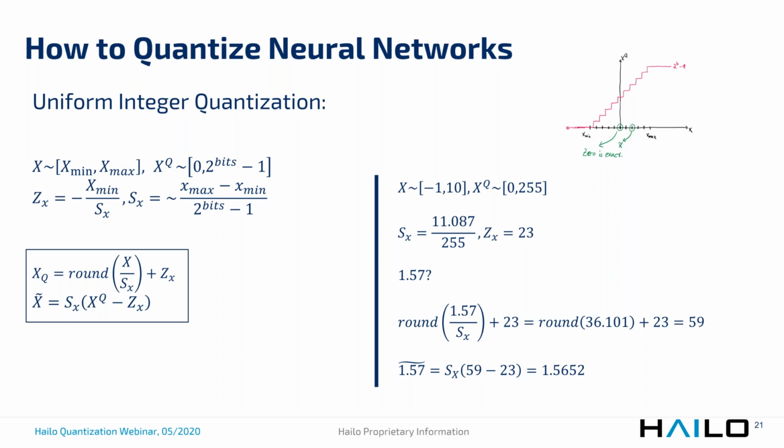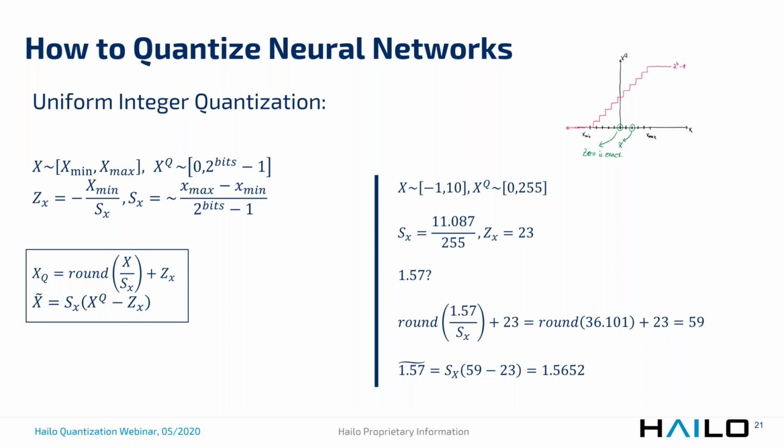So now let's try to see how we represent the number 1.57. We scale it, and when we divide it by our scaling factor, this number turns into 36.1. Now we round it, so it will be an integer, in our case 36, and we add the shifting factor, and we get the integer representation, which is 59.